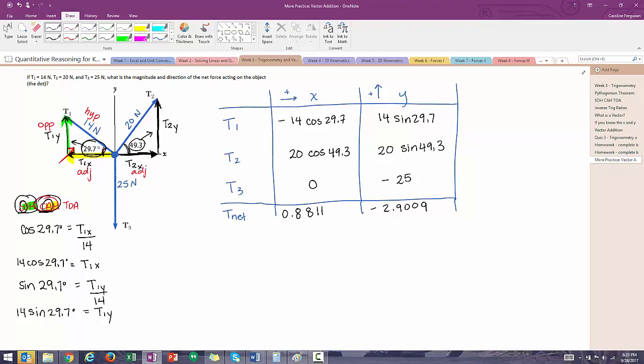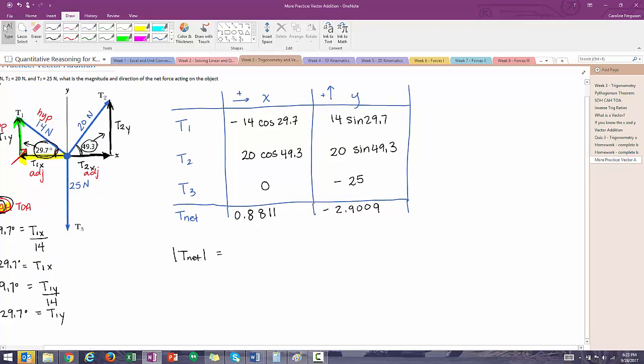But the question wants to know the magnitude of this. So when I'm looking for magnitude, I'm going to put these lines to the side, which show that I'm just finding a magnitude. And the magnitude is always going to be the hypotenuse of the x and y components. So let's draw a picture of this on the side.